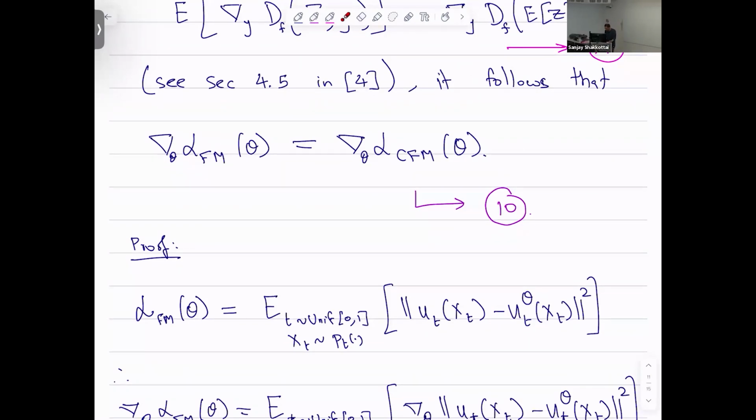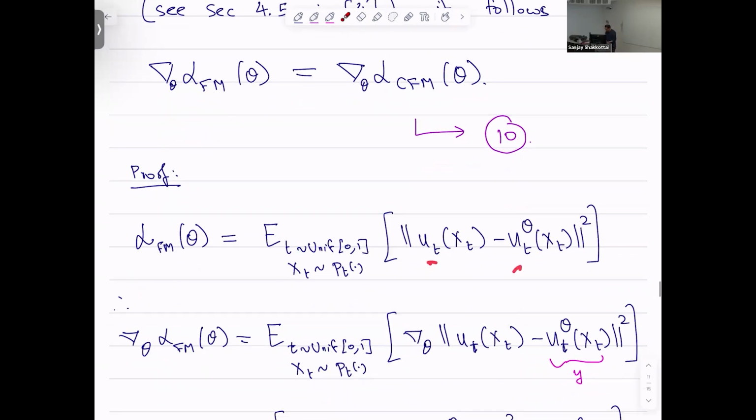The proof is the following. What is the flow matching loss? Pick a t at random, pick an x_t from that p_t, and look at the squared loss between u_t and u_t^theta. We want the gradient with respect to theta, the parameters. That is nothing but the gradient of this, which now goes inside. Let's just look at this and call it y.